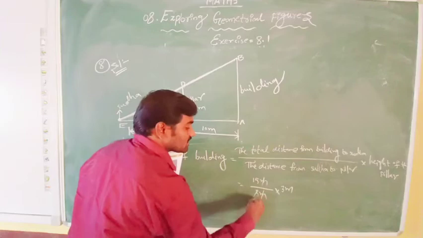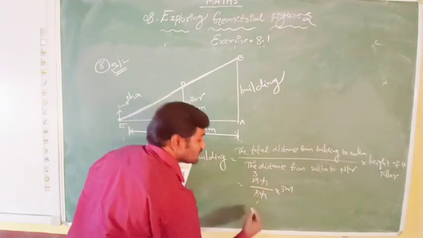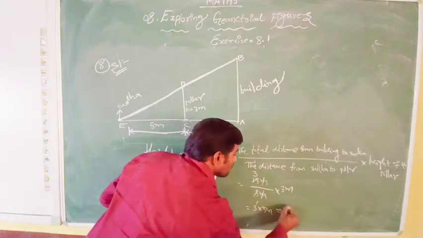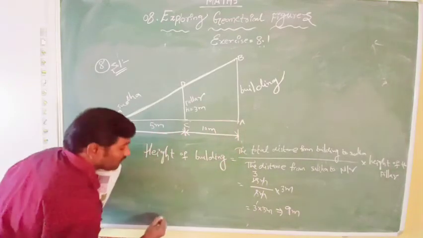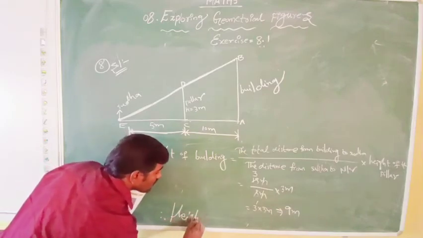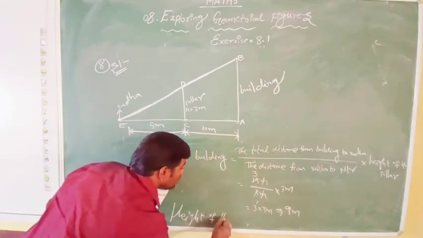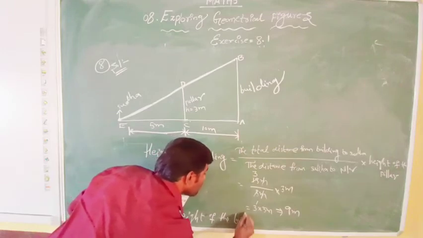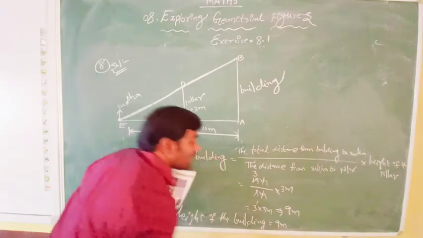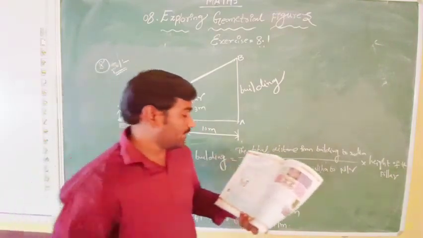Here meters get cancelled. 5 ones are 5, 5 threes are 15, so 3 into 3 meters equals 9 meters. Therefore the height of the building is 9 meters.